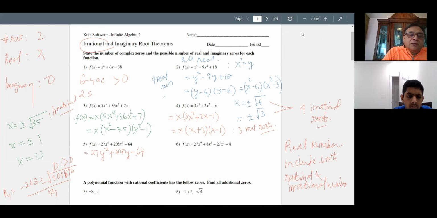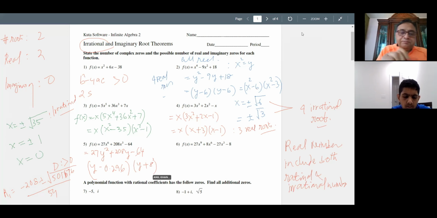Anyway, we do get irrational roots for this. So what are the two roots? Can you give me the decimal value? One of them is 0.296 repeating. And the other one is negative 8. Yeah, negative 8.